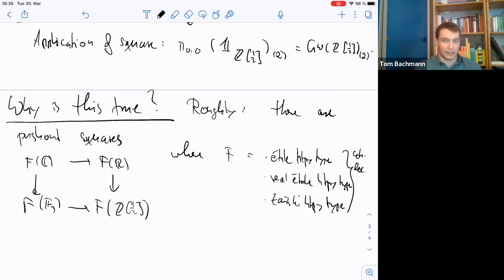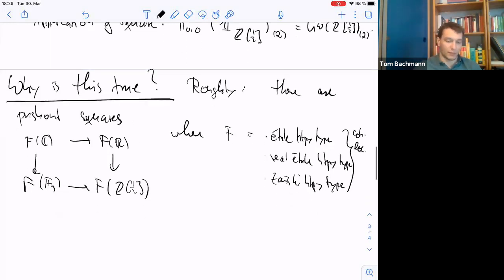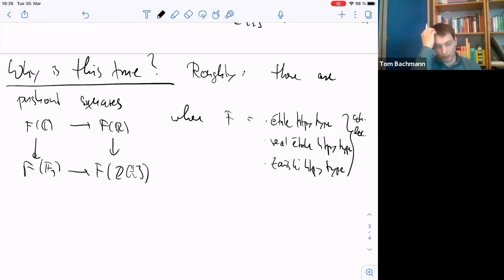As I said, this is supposed to be a moral reason, so let's not worry too much about what this is exactly supposed to mean, but I want to show you by example what happens. So let's look at the etale homotopy types, if you know about these things. What does that do? Well, it takes a scheme and it spits out some pro-space. For C, it turns out that this is pretty reasonable: you get the base point.